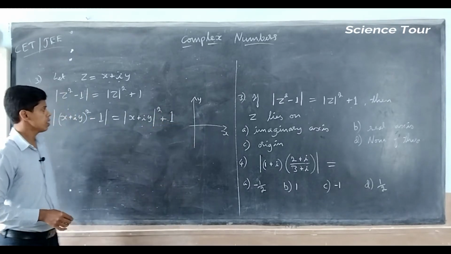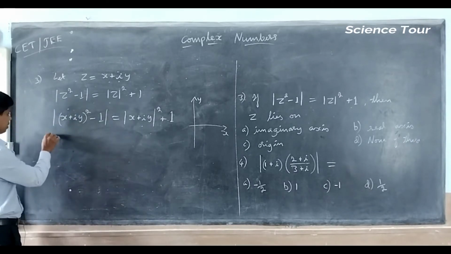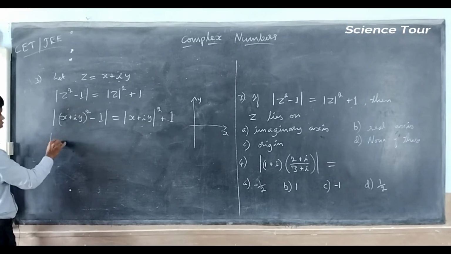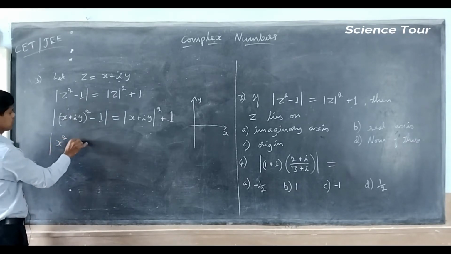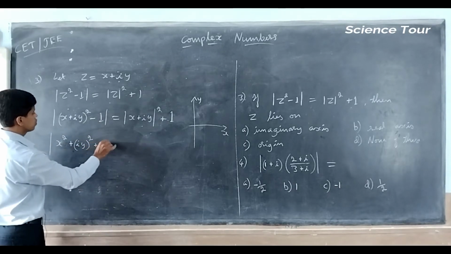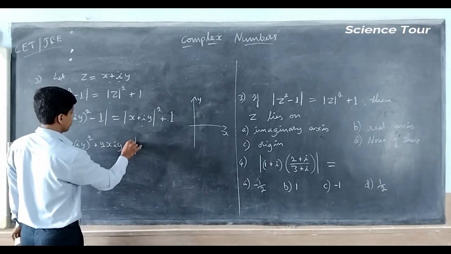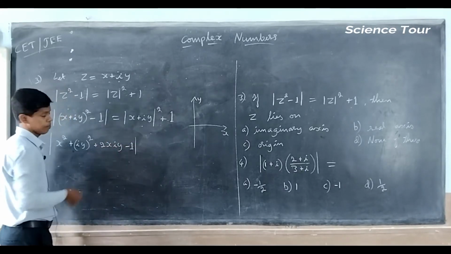Let's continue with this. Let's square it first. When I square this, what do I get? x square plus iy whole square plus 2 into x into iy, correct? And then I have minus 1 as well.